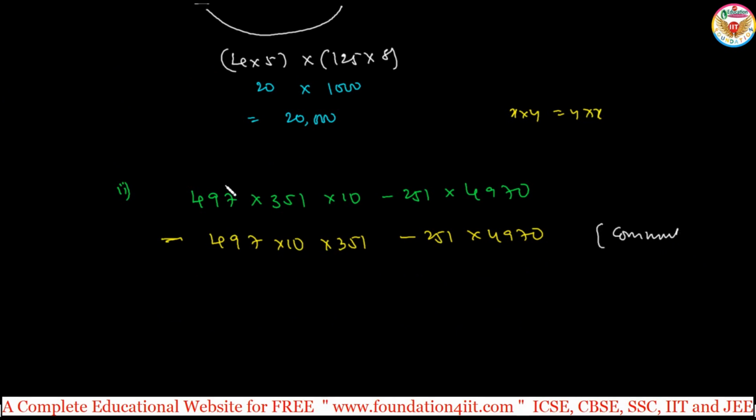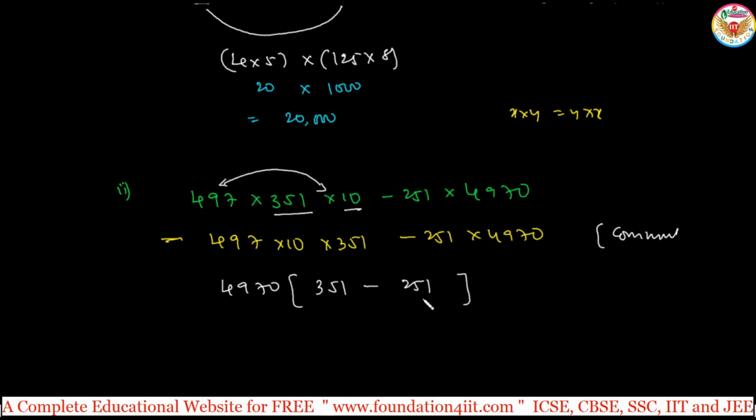So these both exchange, this 497 into 10. That means these change, 351 and 10. If you use this property, 10 we can bring to this side. Now 497 into 10 is 4970, so we can take it common. If you take common, 351 minus here is 251.